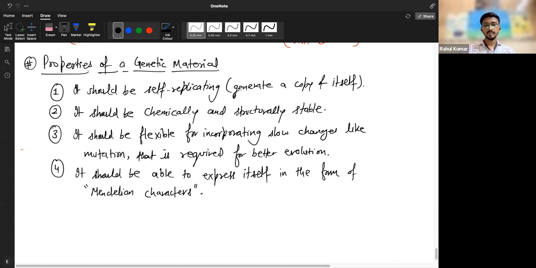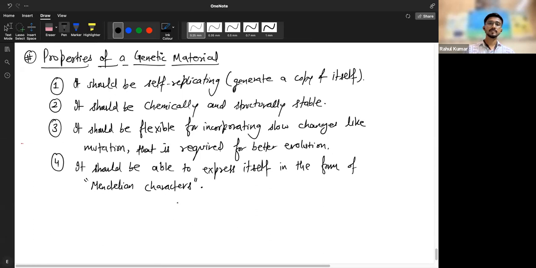These should be the ideal properties of a genetic material. Now, please write it down and think from the perspective of what we are going to discuss next. Think of all of these things from the perspective of DNA versus RNA.